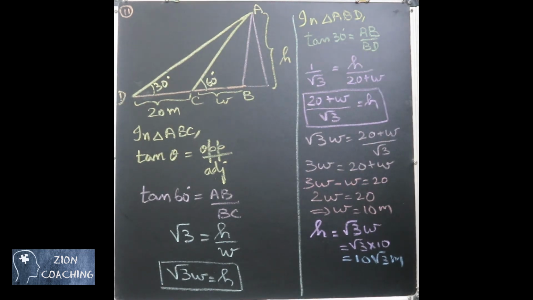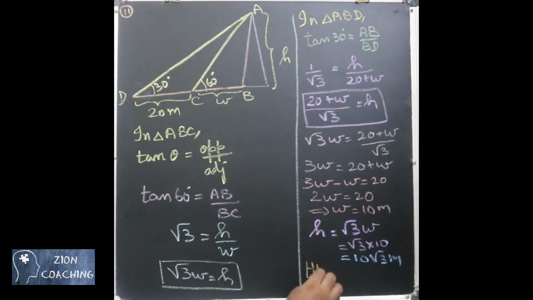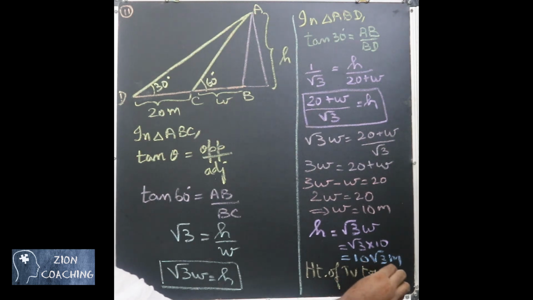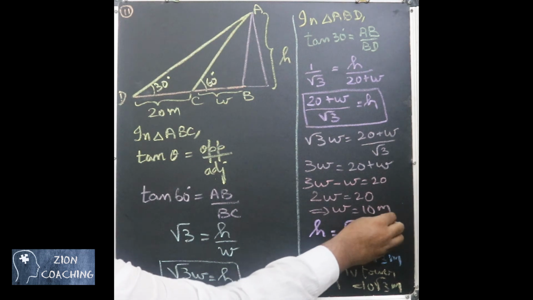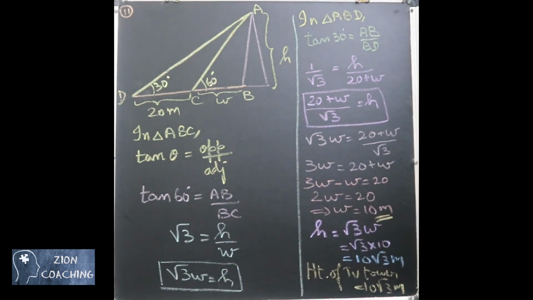Finally we can write height of TV tower equal to 10 root 3 meter. Width of the canal is 10 meter. We have found both the answers.